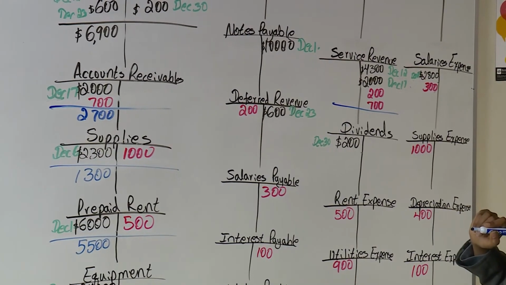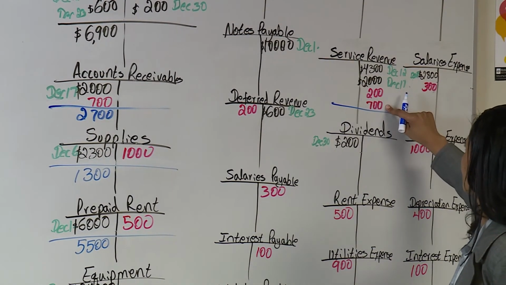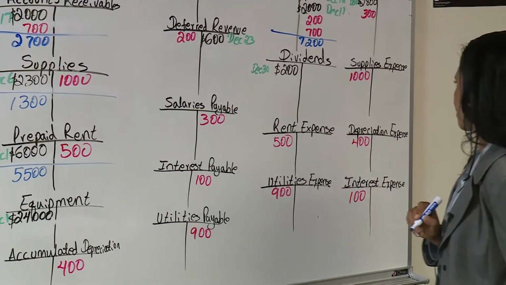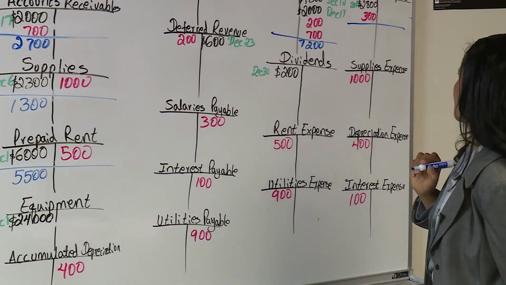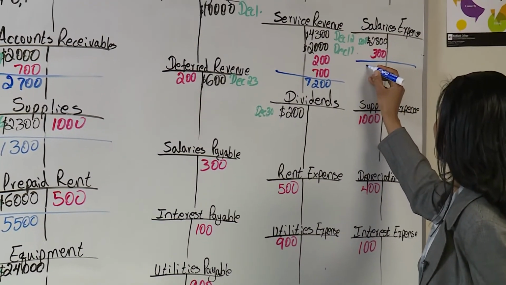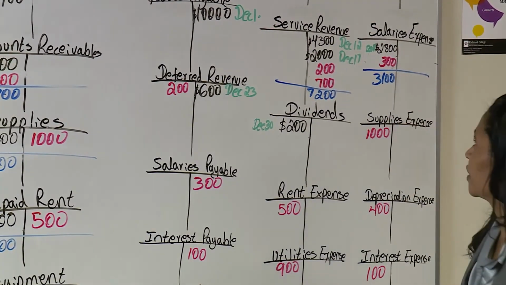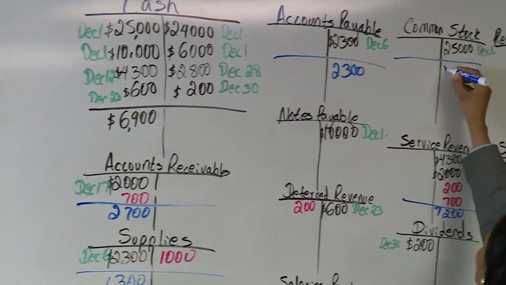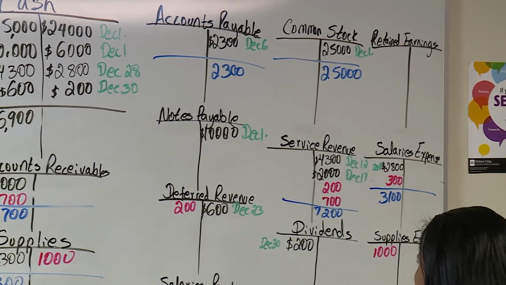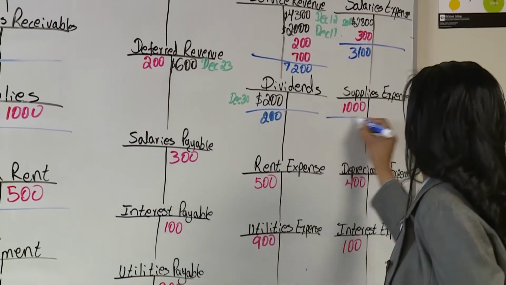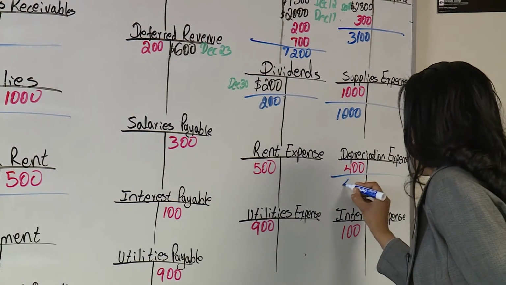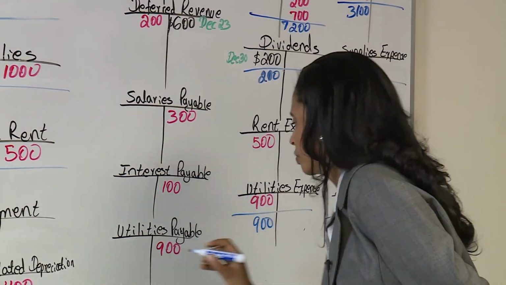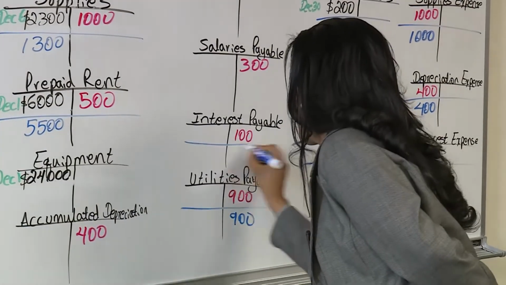Service revenue, as you can see, is 300, 1,200. I have 7,200. And then salaries expense is the other account with 2. That will be 3,100. The rest are going to be just their balance. Whatever has only one line, we just take that as their ending balance. 200, 1,000, 400, 100, just to show that is the balance after the adjustment.